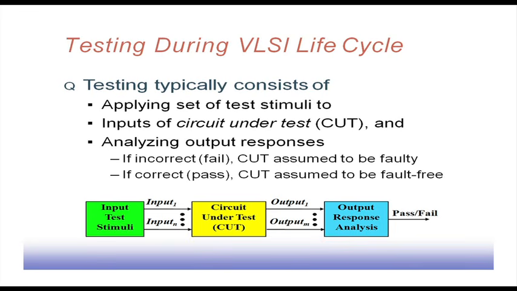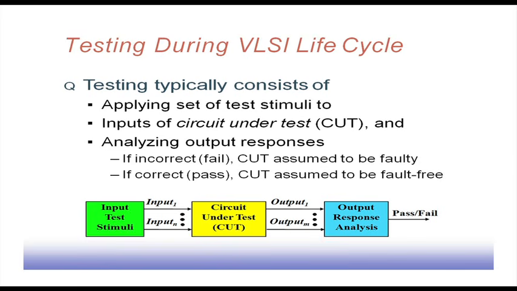It is absolutely true that if I have to obtain very high confidence about the correctness of the system, then we need to apply a very large set of test stimuli. But in the process, the time requirement for testing will go up significantly.